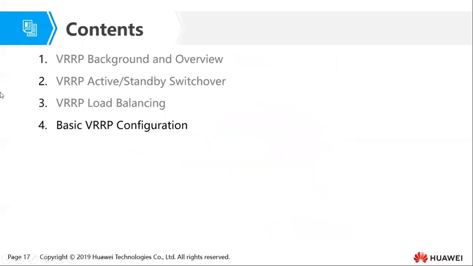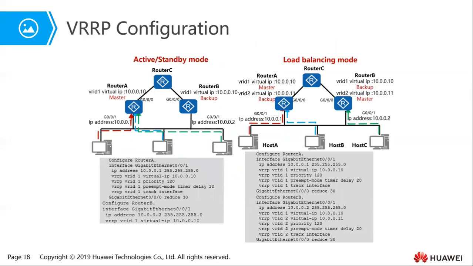Okay. So now let's look at basic VRRP configuration. Let's begin with the active standby mode, how to do it. In this particular example, we want router A to be master and router B to be backup.